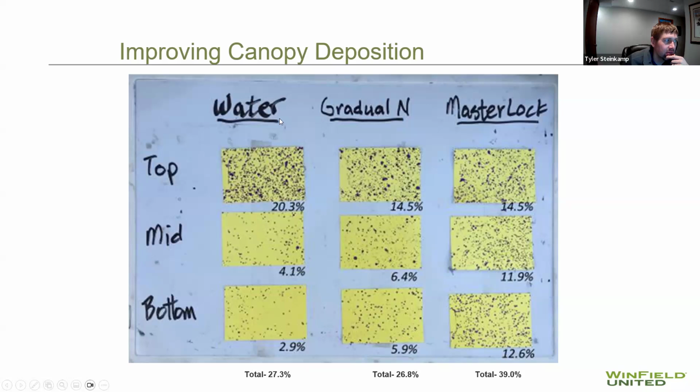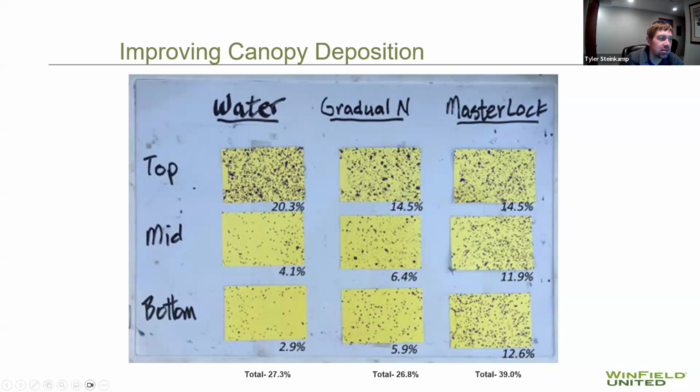There was no difference between water and Gradual N. However, with Master Lock, we got about 12% additional coverage. So 12% more of your active ingredient, 12% more of that fungicide down in that canopy than we did with the Gradual N or water.